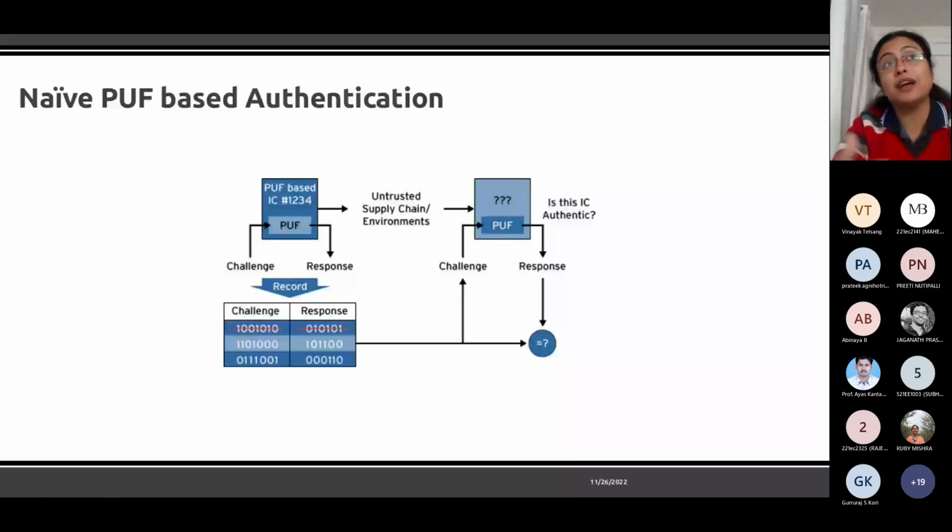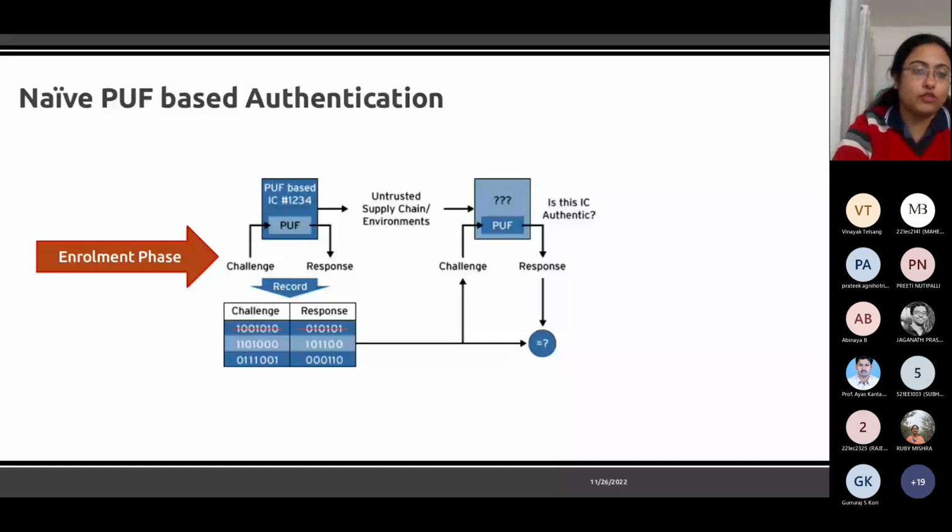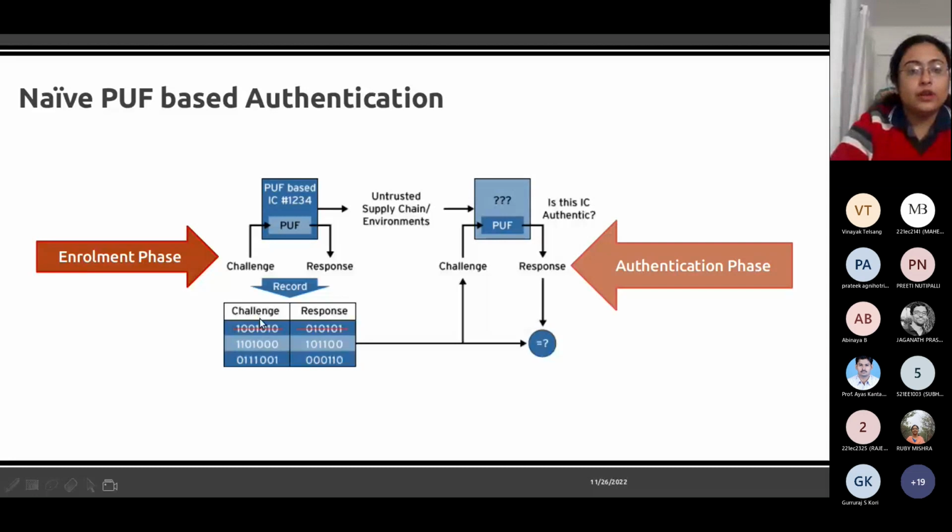Okay, so this is much before deploying this PUF circuit into the real insecure network. We assume that these challenge response pairs are securely stored in a particular database. After creating these challenge response pairs, we deploy them into the insecure network, and at the time of authentication, we select a particular challenge, send it to the PUF, get the response, and match whether the responses are the same or not.